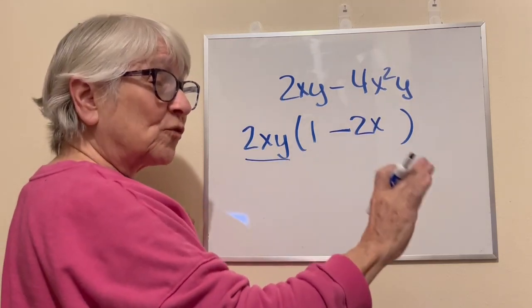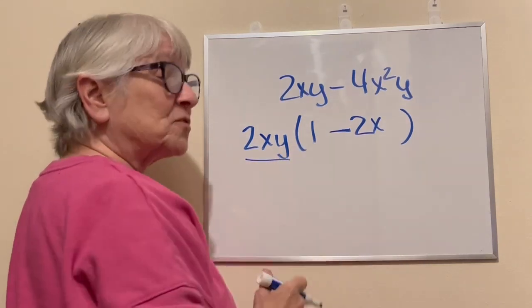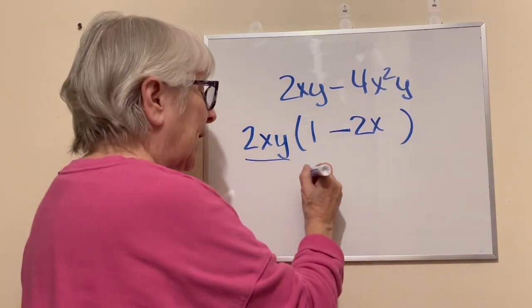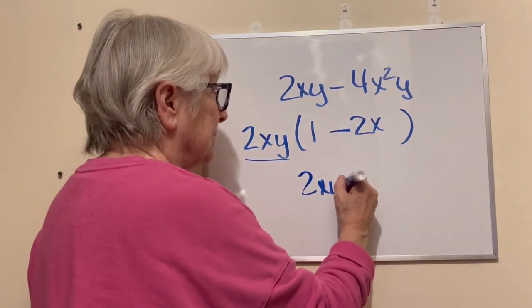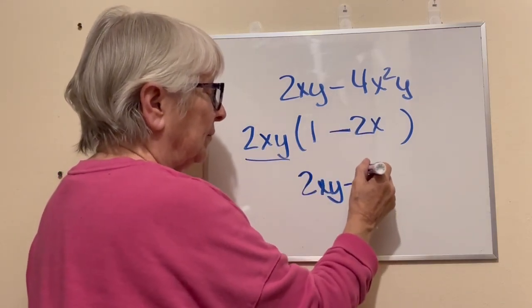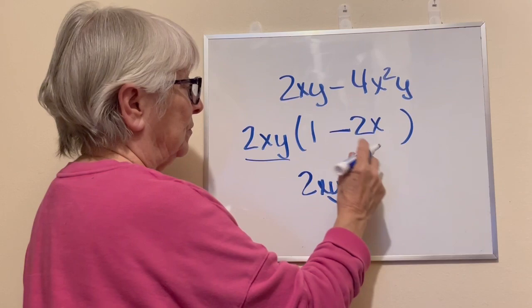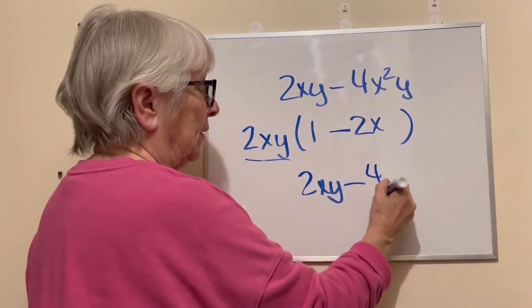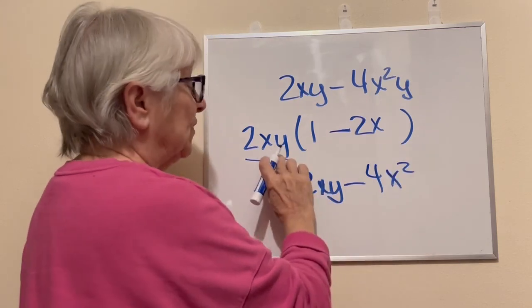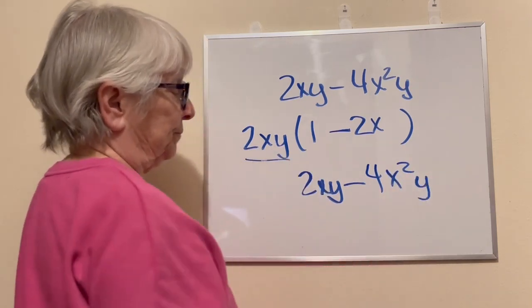Now I'm going to distribute. What is 1 times 2xy? Well, 1 times anything brings it back, so that's 2xy. Minus 2 times 1 is 2. 2 times 2 is 4. X times x is x squared. And we've still got this y out here.